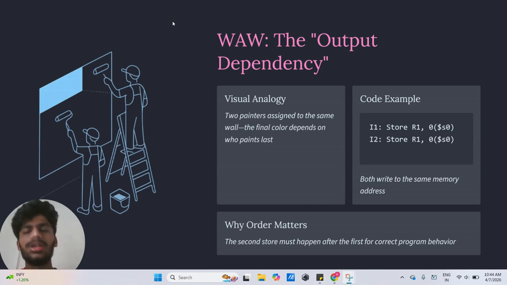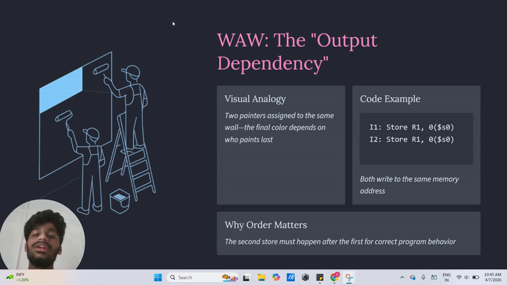For example, if two instructions store values into the same memory address, the value written by the last instruction will be the final result. So here, maintaining the correct order is very important to preserve program correctness. A simple way to understand this is: imagine two painters painting the same wall. The final color depends on who paints last.